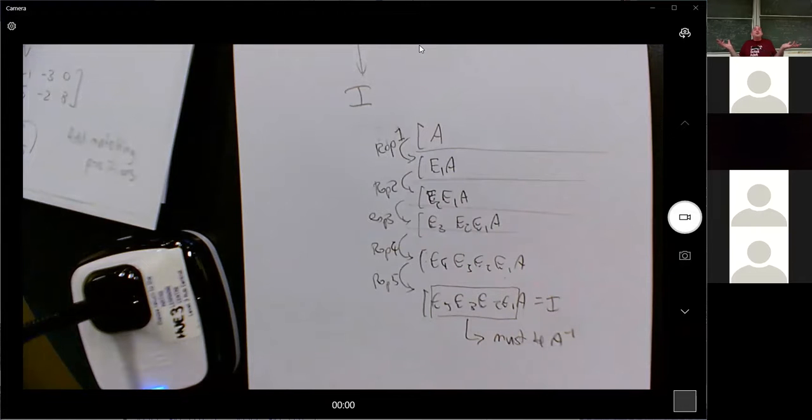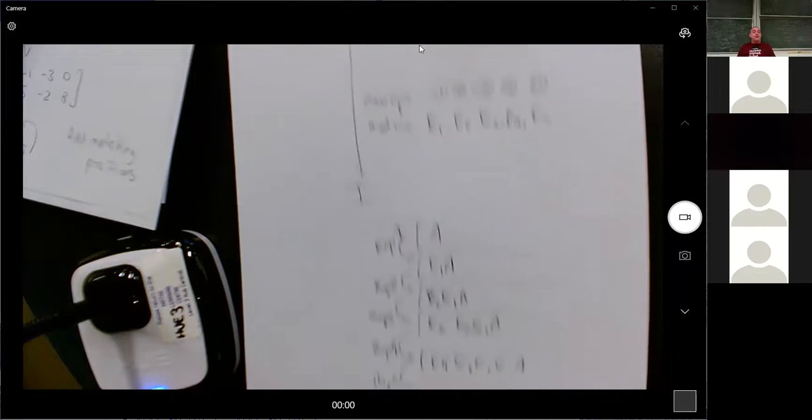Because that's what an A inverse does. When you multiply A inverse by A, you get the identity, and it's the only matrix that does that. And so this proves that the inverse really exists if you can row reduce to the identity.